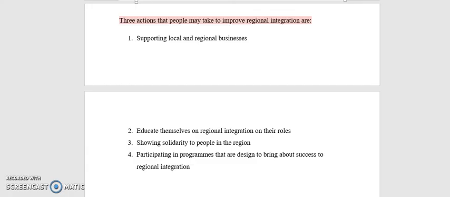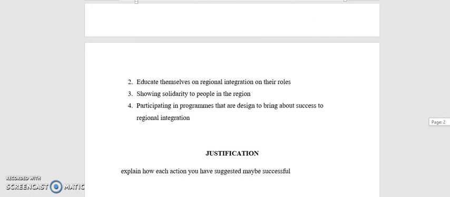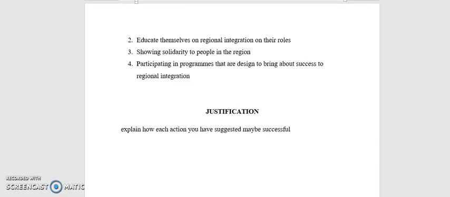So I have given you 4 actions that people may take to improve regional integration. The question only asks you for 3. So you get an extra bonus action. You are going to pick 3 of these actions and I want you to write about a paragraph on each one, justifying why you think these actions will work.